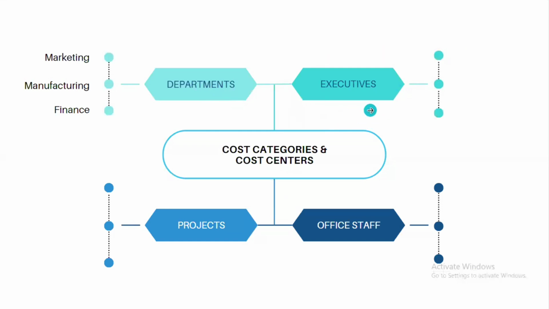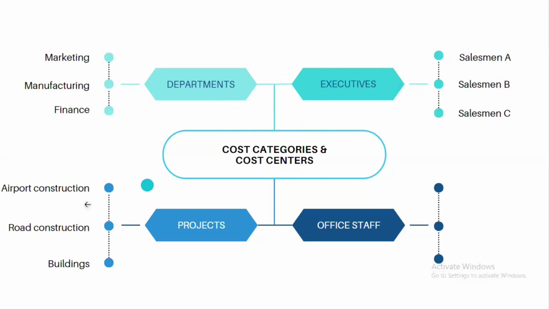Coming to the executive category, salesman A, salesman B, and salesman C are the cost centers. In the project category, airport construction, road construction, and buildings are the cost centers.